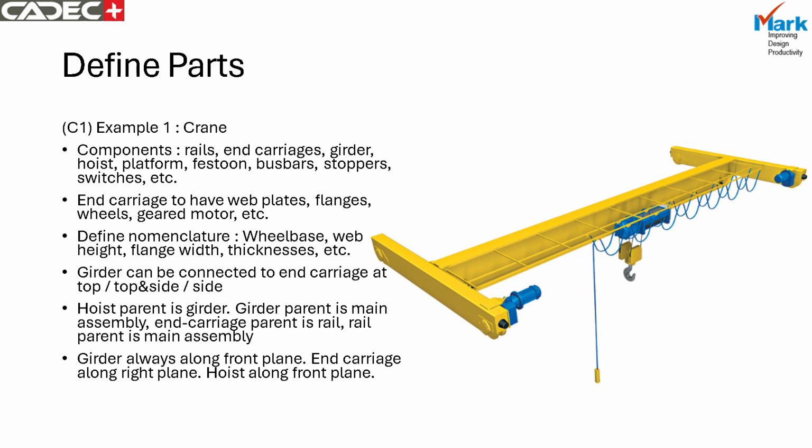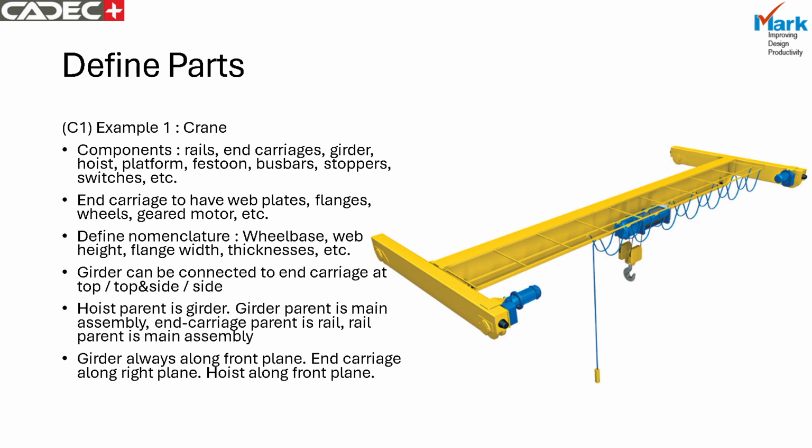This is an example of a crane, and how to define the parts. If you visualize a crane, you can think of the components required like rail, end carriage, girder, hoist, platform, etc. Then parts like the end carriage is not a part but an assembly, so it will have web plates, flanges, wheels, geared motor, etc. For everything we need to define nomenclature.